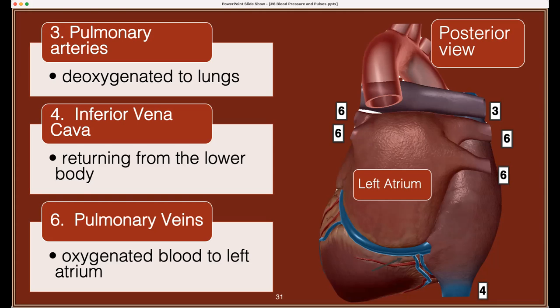And notice how it's bluish, so that is deoxygenated blood that's on its way to the lungs. If you remember this structure, the coronary sinus, it's dumping deoxygenated blood from the heart myocardium into the right atrium.